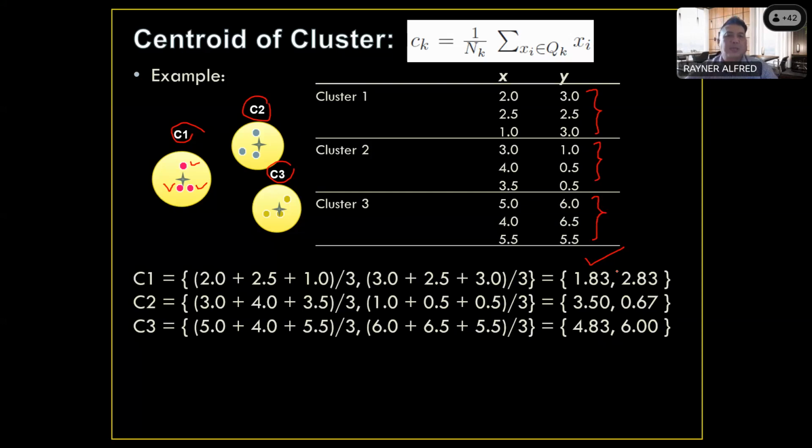The first thing we need to do is find the center of each cluster. How do you find the center? It is just taking the average of the summation of all the member values. So this is for X, this is for Y, and we get 1.83, 2.83.